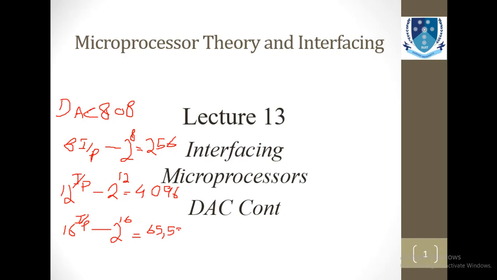So these were the three ICs that we discussed in the last lecture, and you also know that a large number of input pins corresponds to many outputs. So if anyone wants 8 input pins, he can have up to 256 discrete outputs, so he can use this IC.